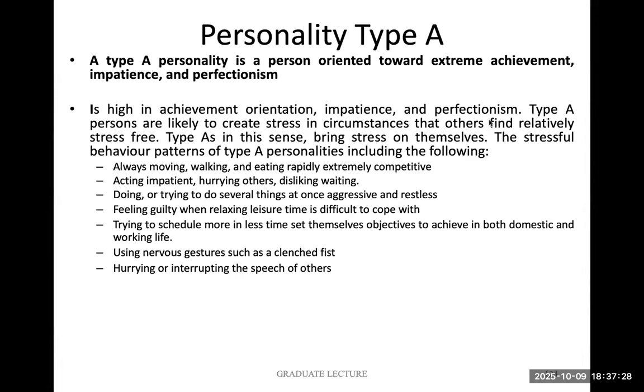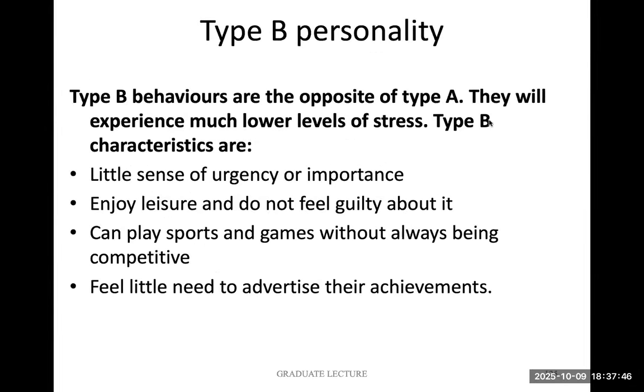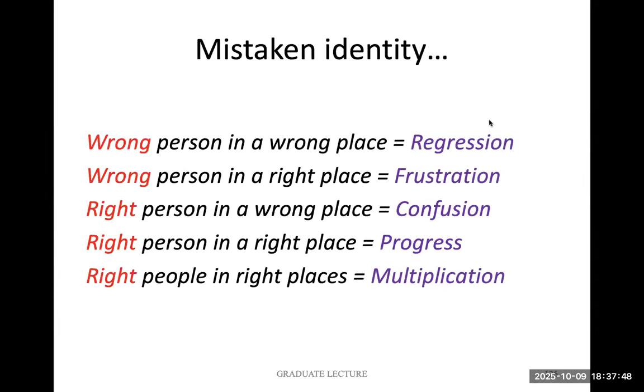At such a point, you see that they are more likely going to be stressed than personality B, who take things calmly, don't worry themselves, and are not so bothered however things are going. These are likely to be less stressed. So your personality can also lead to stress.